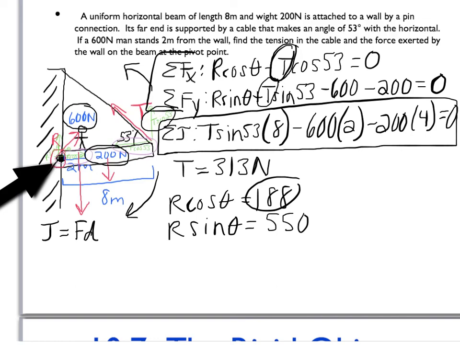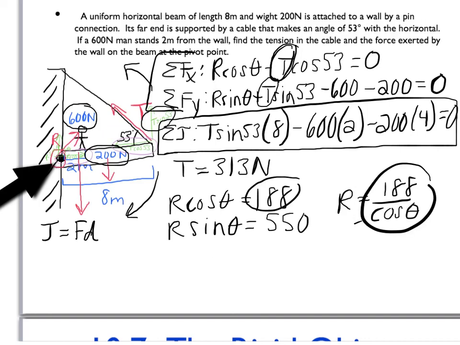Now that I have these two equations, I could solve for any one of those variables. For example, solve in the first equation, where R would be equal to 188 over the cosine of theta. I could now plug this into my second equation and solve from there.